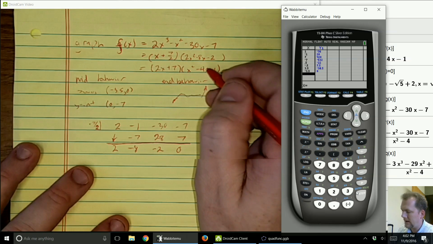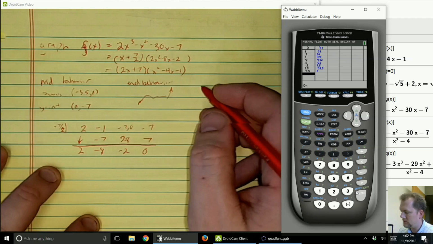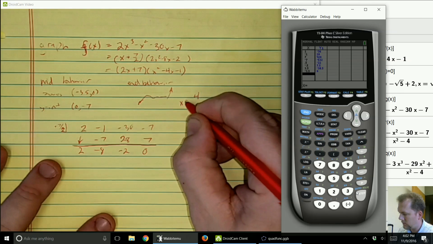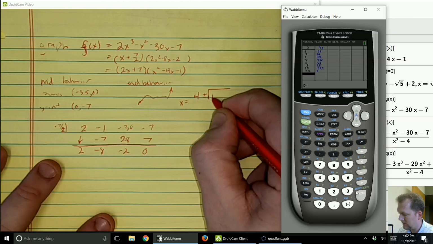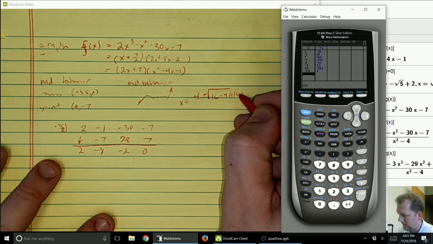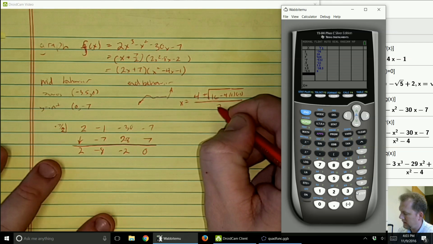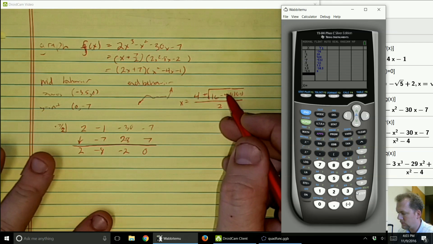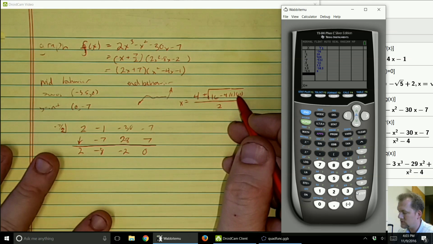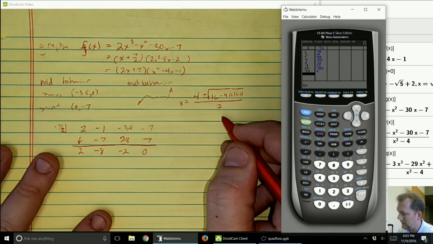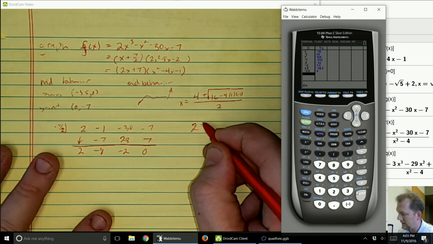This is my quadratic, so I am going to set that to 0. Then I would get x is 4 plus or minus the square root of 16 minus 4 times 1 times negative 1, all over 2. So this is really a 20 under here. That's 4 root 5, or that's 2 root 5, right? It'd be 4 times 5. So I'm going to get 2 plus or minus root 5.